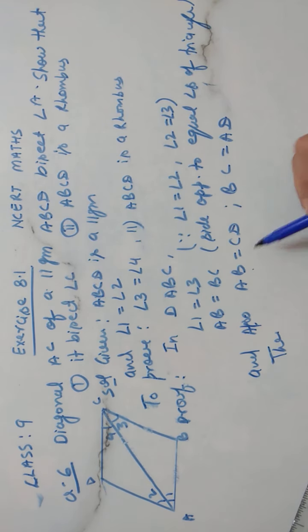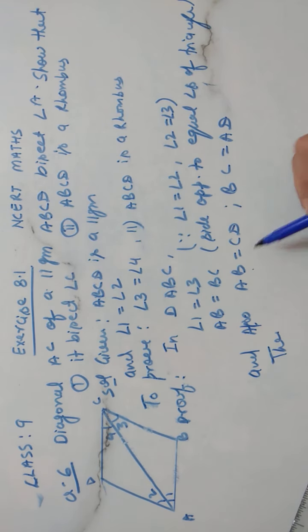So from these three we have concluded that all sides are equal. Thus, ABCD is a rhombus. So this is question number 6.